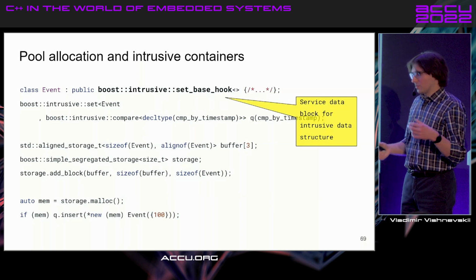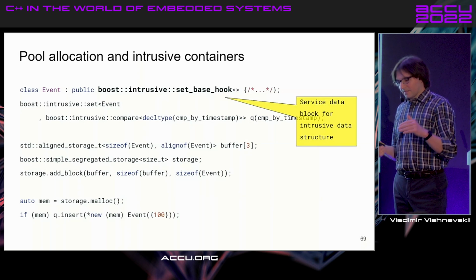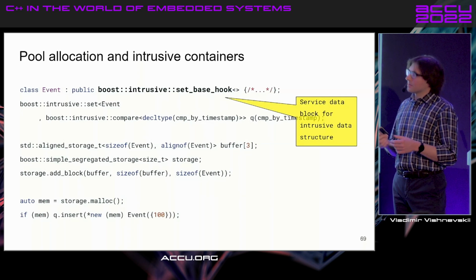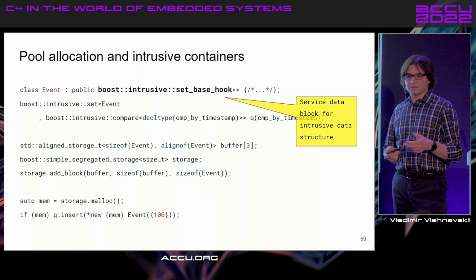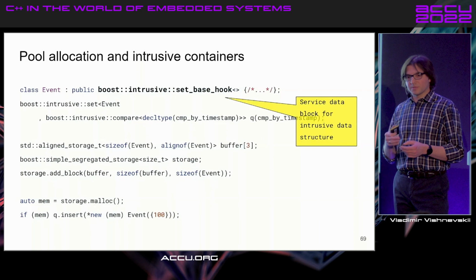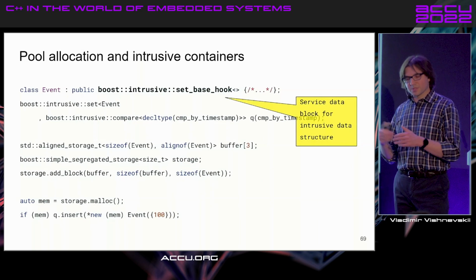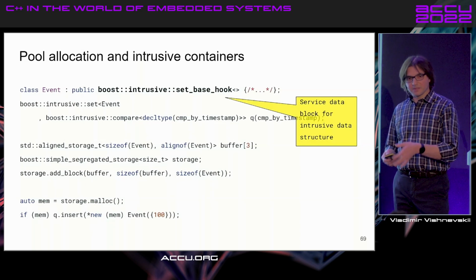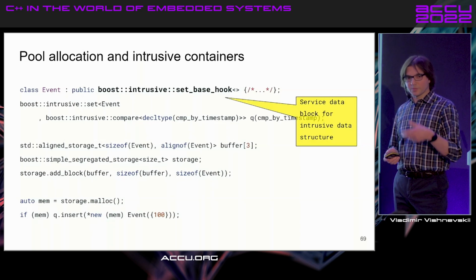The intrusive data structures are built using the following approach: all the data responsible for maintaining the data structure is already embedded in the object that is stored within the container.